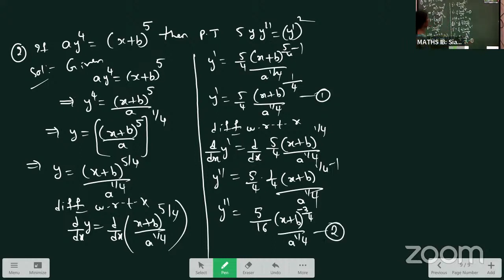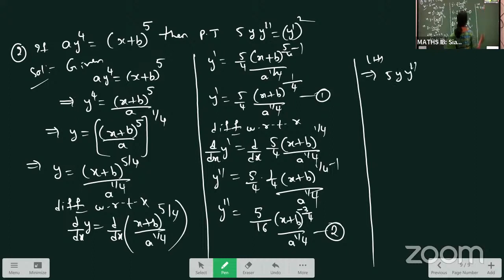What do we want to prove? 5y double dash. Take LHS. What is LHS? 5y double dash value. We have to prove y dash whole square. We'll see. 5 into, what is our y? y is equal to (x plus b) whole to the power 5 by 4 by a to the power 1 by 4, into y double dash value, which is 5 by 16 (x plus b) whole to the power minus 3 by 4 by a to the power 1 by 4.